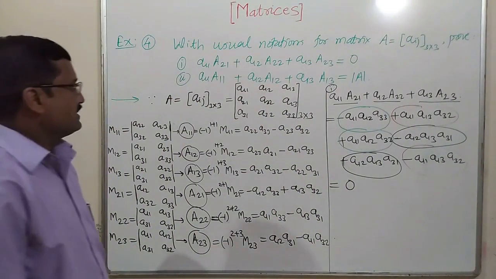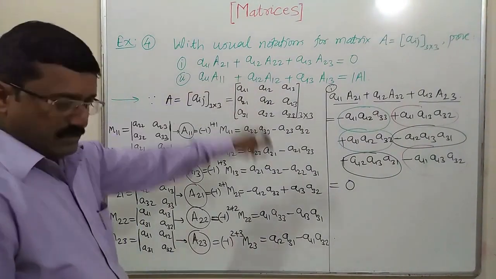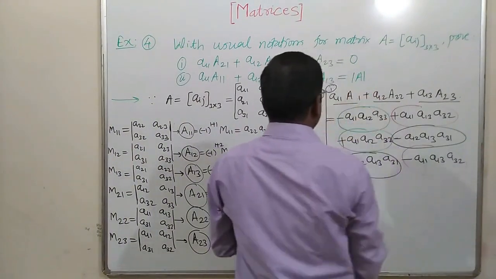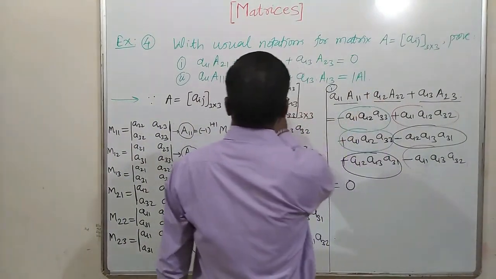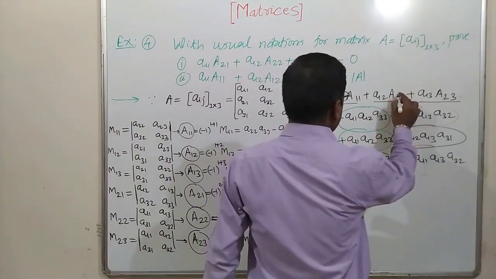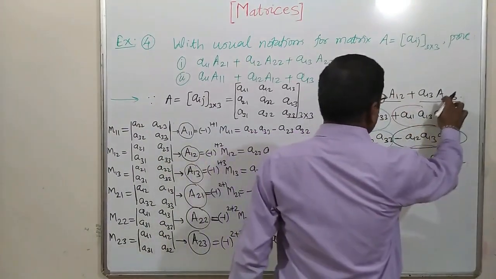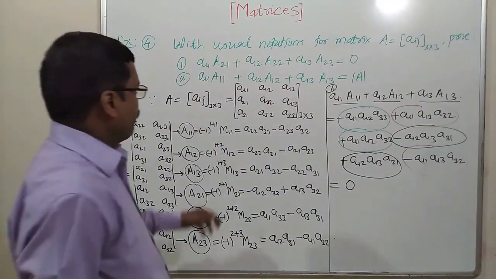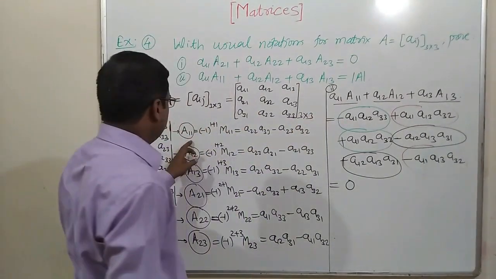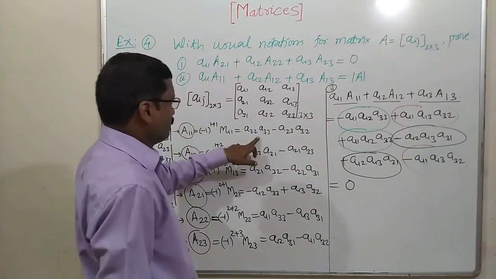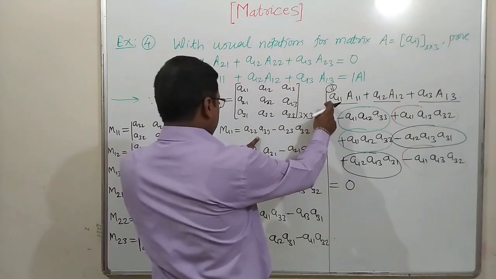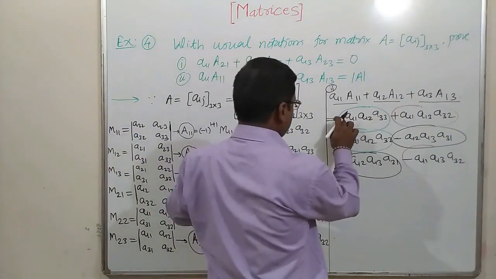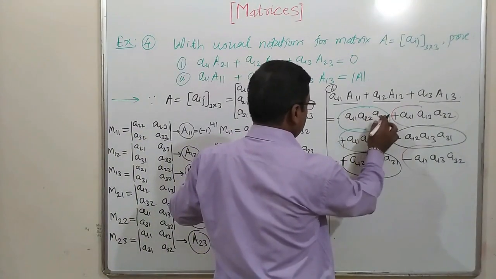Now let us move towards the second. That is a11, a11, a11, a11. Second, a12, a12, a13, a13. What will be the change? a11 minor cofactor a11 is this. Multiply this by small a11. We get a11 a22 a33. So the first element is a11, a22, a33.